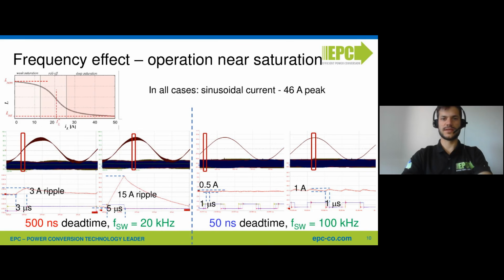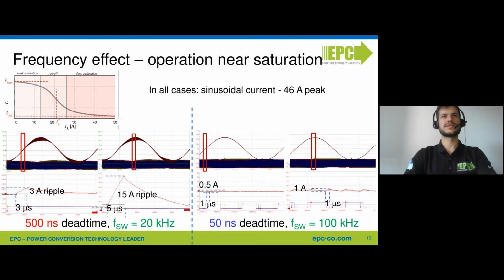To further analyze this aspect, here you can see a similar comparison. On the left there are the waveforms, the current ripple close to the zero crossing of the phase current and to the top, the peak of the phase current, and we have several amps of ripple, while on the right side is the current waveform of the same motor, operated by an inverter run at 100 kilohertz.